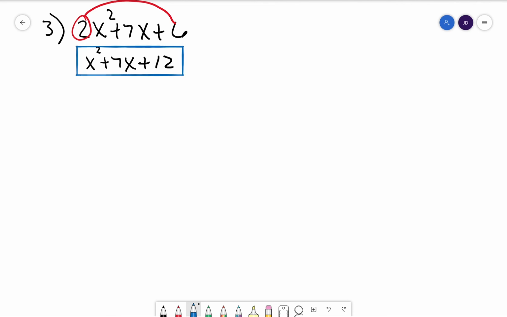Well, to factor that, some of you like to use your calculator. So hopefully many of you got the TI-84 app, a free app for your phone for the calculator. It's the same calculator we use in school.